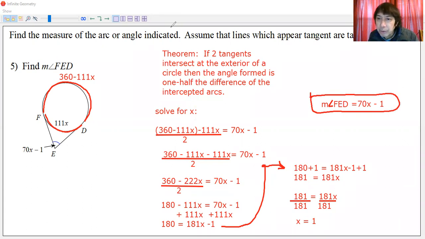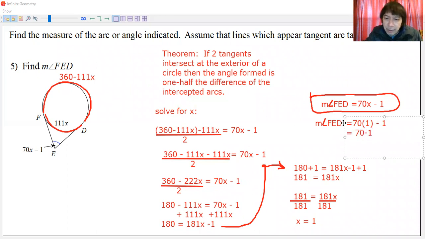So the measure of the angle FED is equal to 70 times x, that means times 1, and then minus 1, which is 70 minus 1, which is just 69.